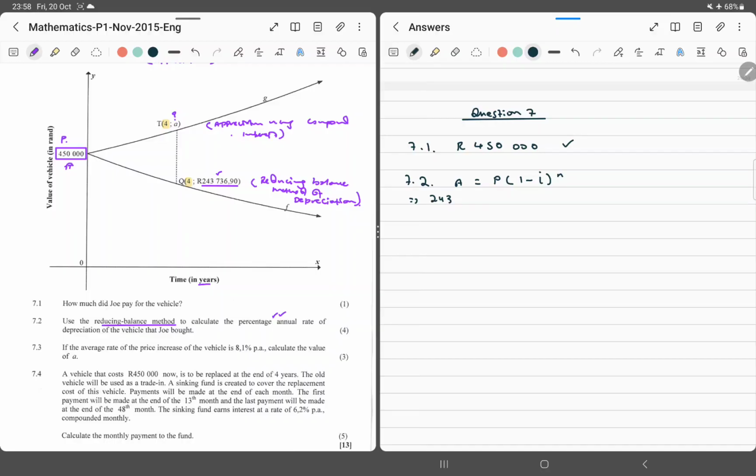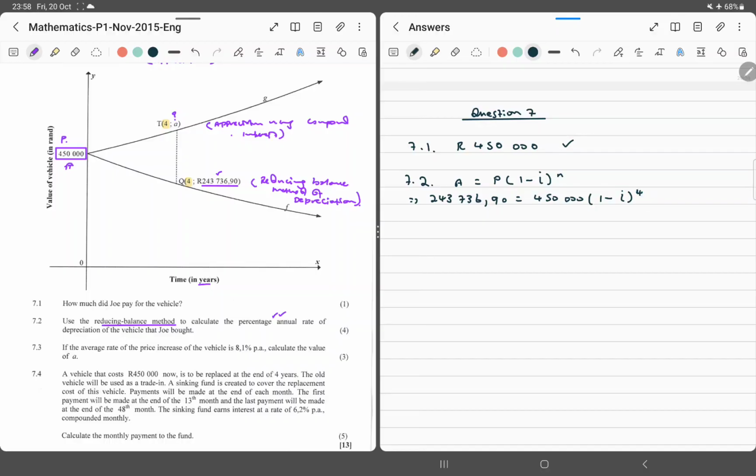So this is 243,736.90 equals the present value, which is 450,000 into 1 minus i, this is what we're looking for.